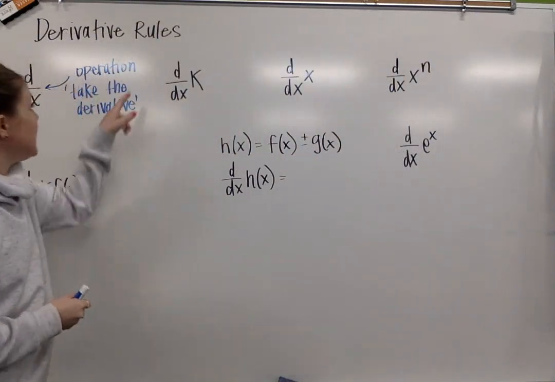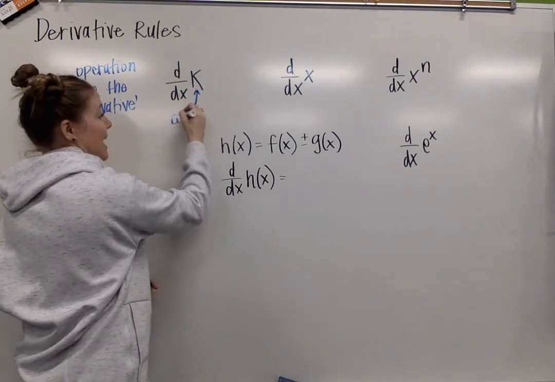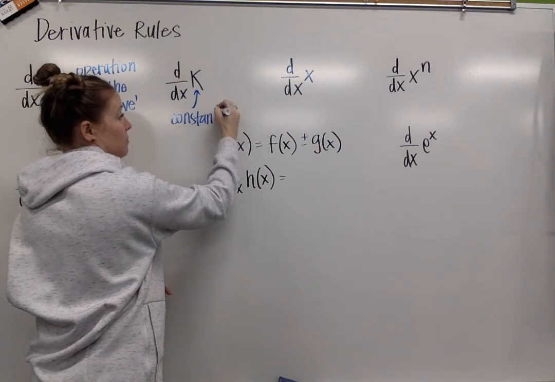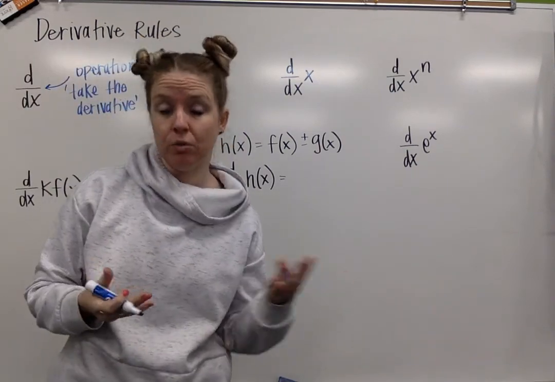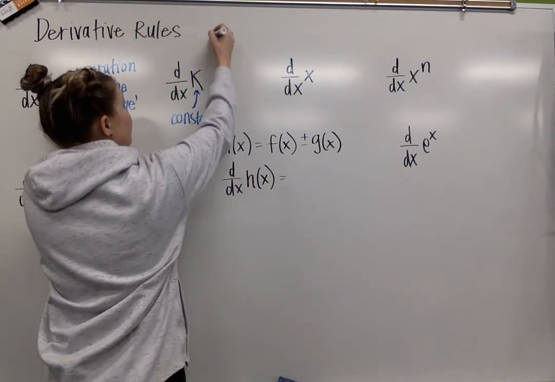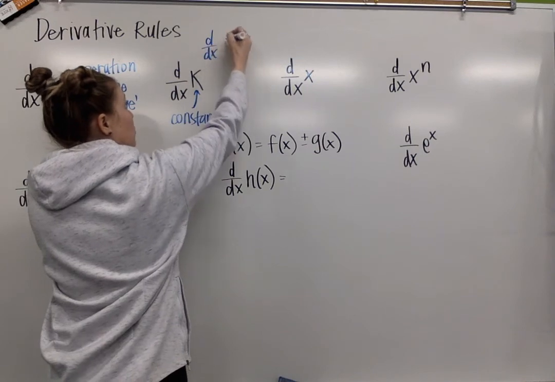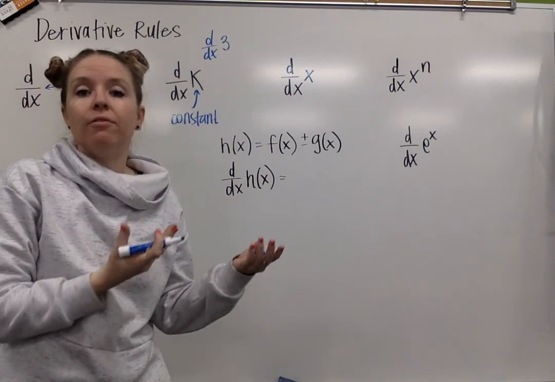This first one is d dx k, where here k is any constant number. So k could be 2, k could be pi, root 2, whatever it is. K is just a number. So again, if I were to look at an example, what is the derivative of 3? The slope of 3.